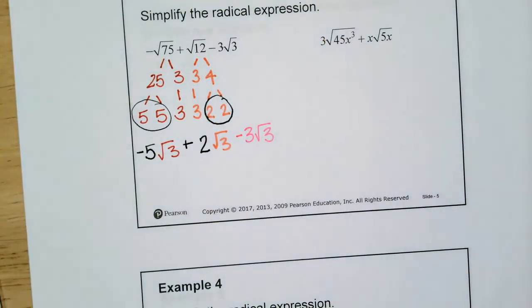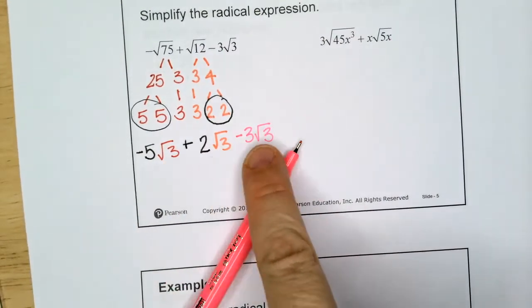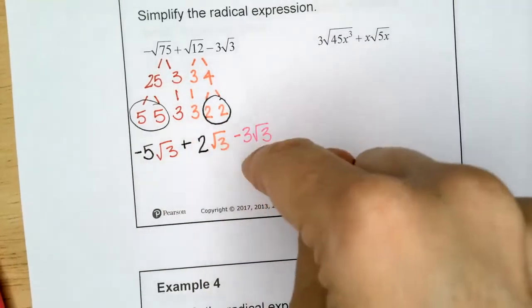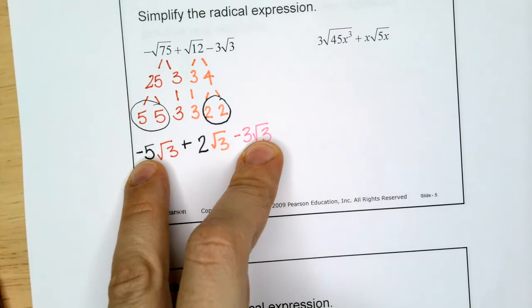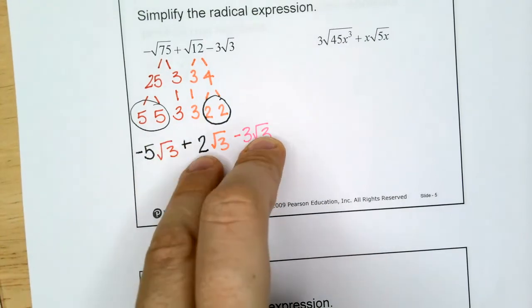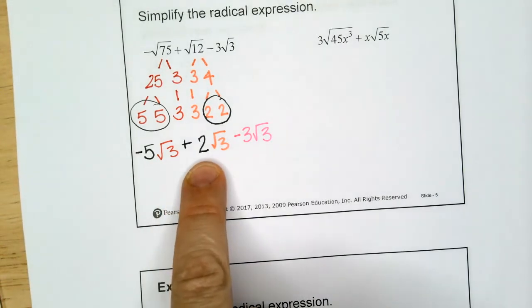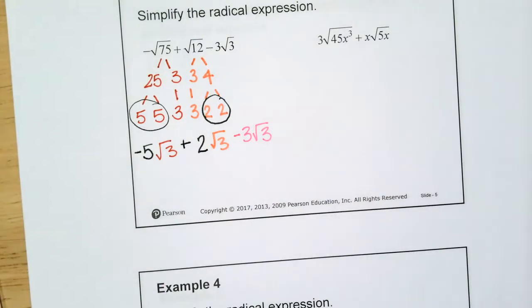Now we're just going to combine those terms because they all have the same index of 2 and radicand of 3. Negative 5 plus 2 minus 3. You can do that however you want. You can say negative 5 minus 3 is negative 8, plus 2 is negative 6, or you can say negative 5 plus 2 is negative 3, negative 3 minus 3 is negative 6, right?